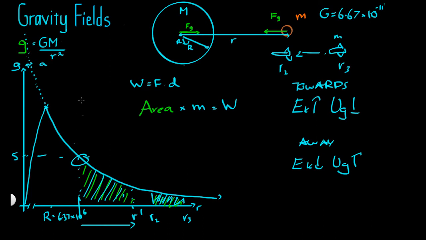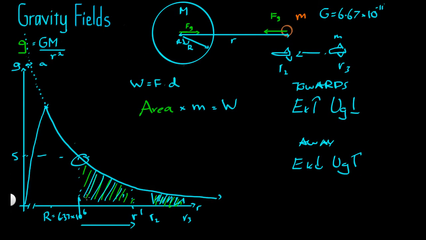So the gravitational force is a function of the mass of one object, the mass of another, over the radius squared. But the acceleration due to gravity does not have to take into account the mass of the smaller object that is experiencing the acceleration.